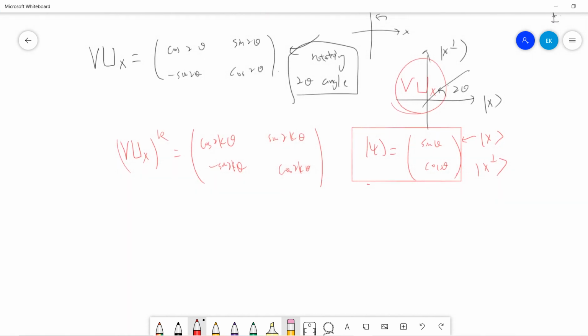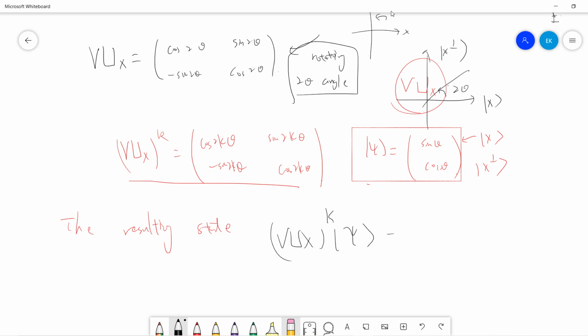The resulting state, after we finish our calculation, VUx to the power k acting on phi, will be cosine 2k theta, sine 2k theta, minus sine 2k theta, cosine 2k theta, acting on sine theta and cosine theta, right?